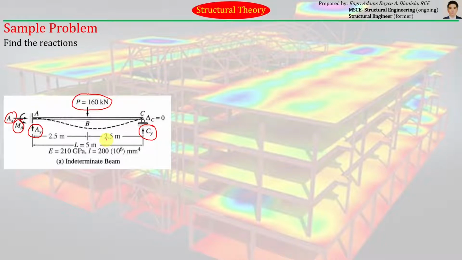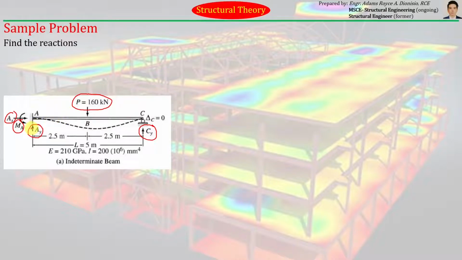So with that, we have to choose one redundant here. And again, you have to choose the redundant in such a way that the remaining structure will still be stable aside from being determinate. But the determinate portion is already automatic, if you will remove the number of redundants equal to the degree of indeterminacy of the structure.